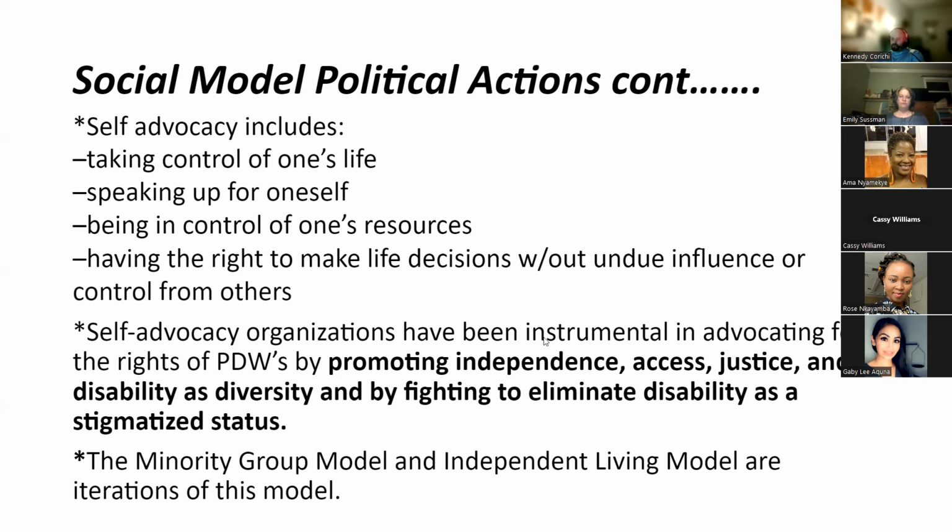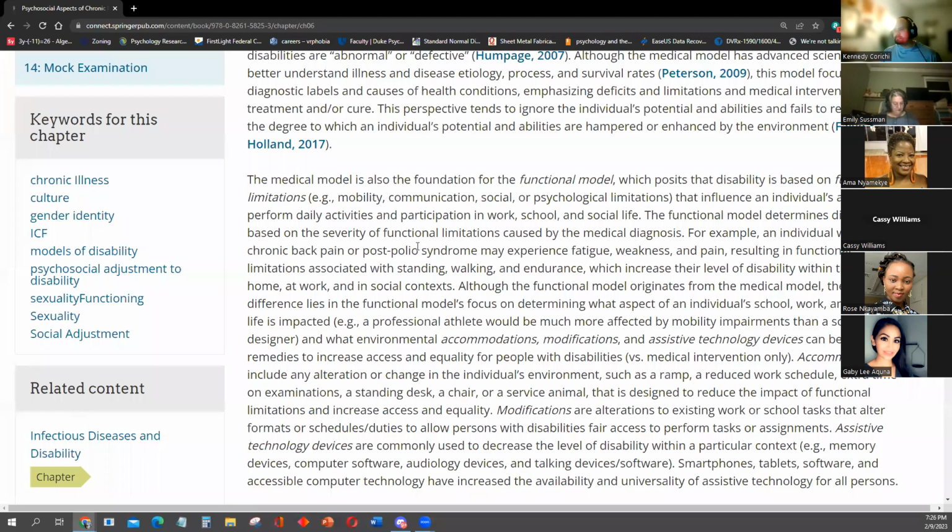So what I did was, they talked about these two, the minority group and the independent living model. I don't know if anybody has time, if you want to pull that up. If it's okay, Kennedy, can you pull that up in the book? Yeah, I'm doing that right now.